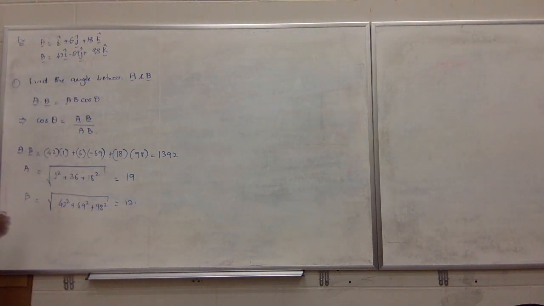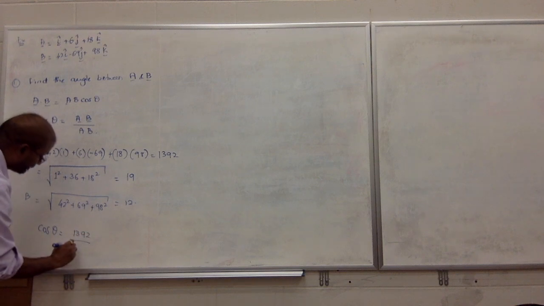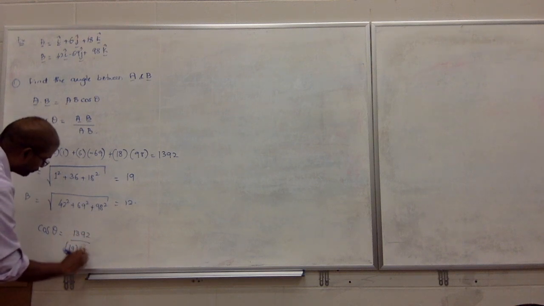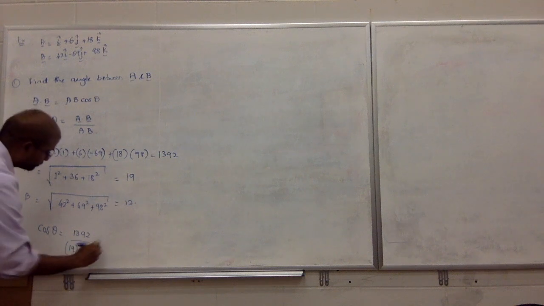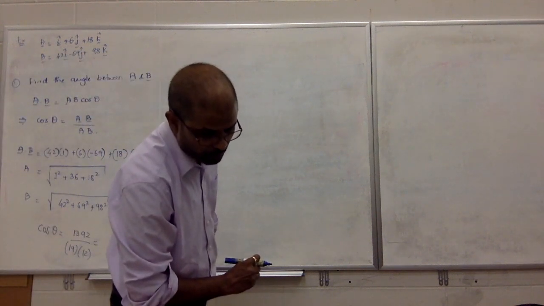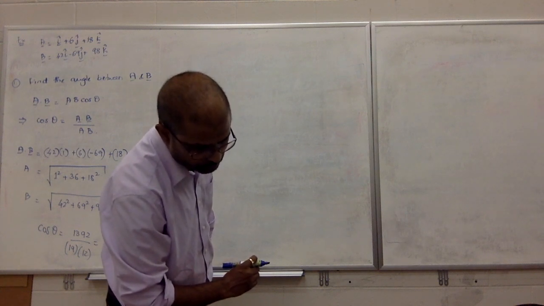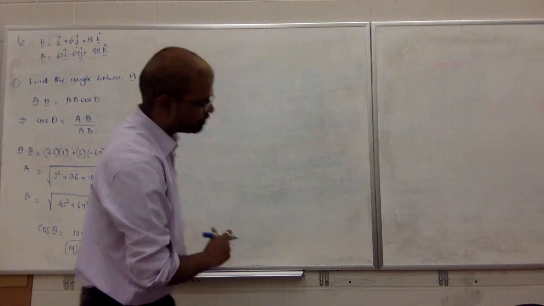So if you substitute this, you're going to get cosine theta is equal to 1392 divided by 19 into 12. The angle you're going to get here is 54.77 degrees. Okay.